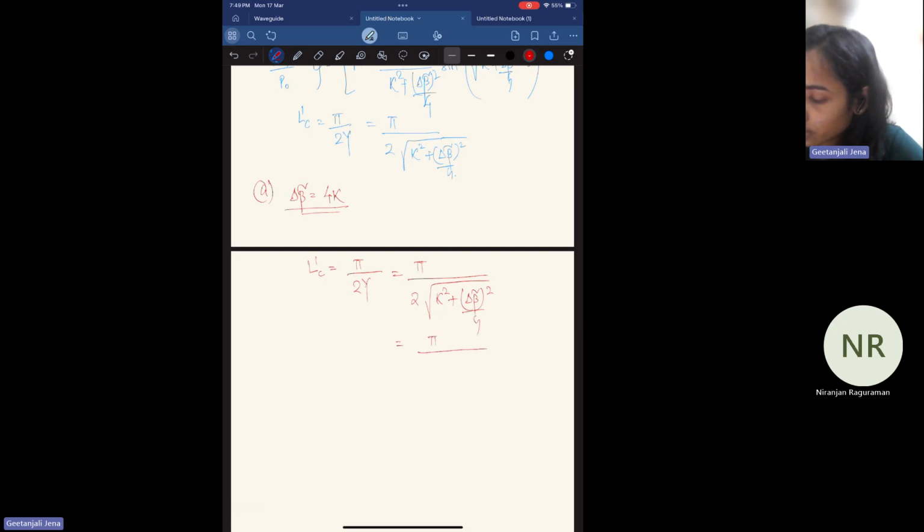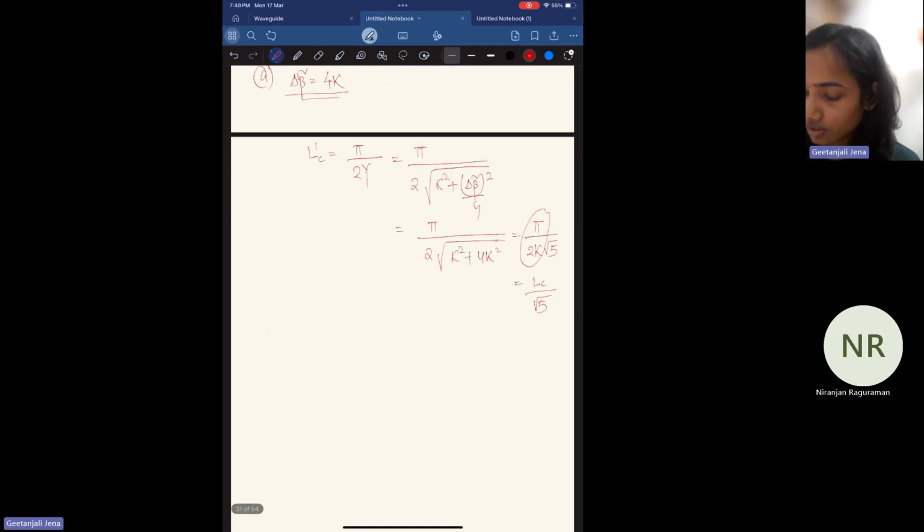If you put it in, delta beta tilde by 2 squared will be 4k square. So this will come around pi by 2k root 5. And pi by 2k is the coupling length for the identical waveguide. So this is LC by root over of 5.